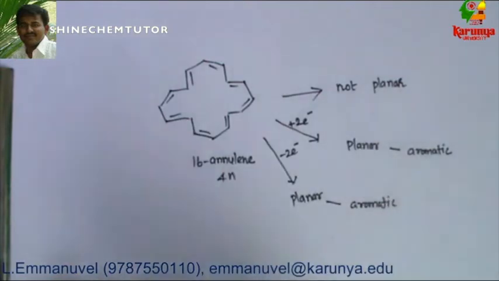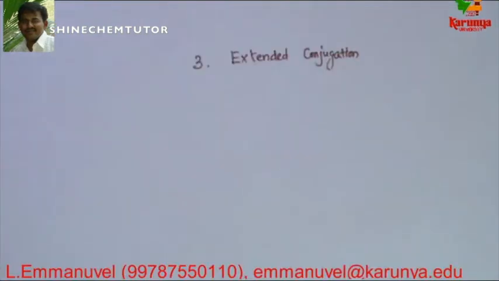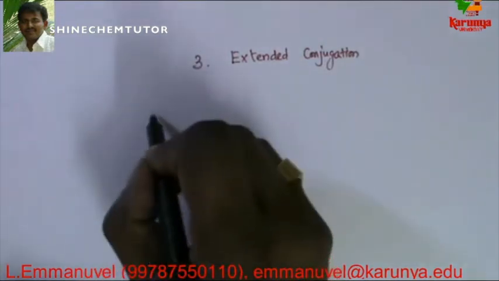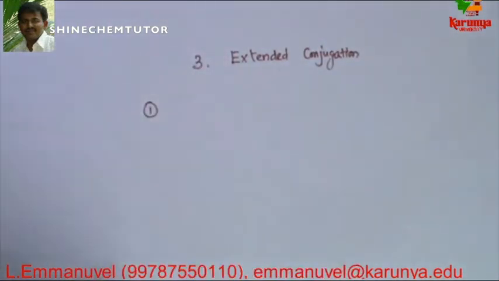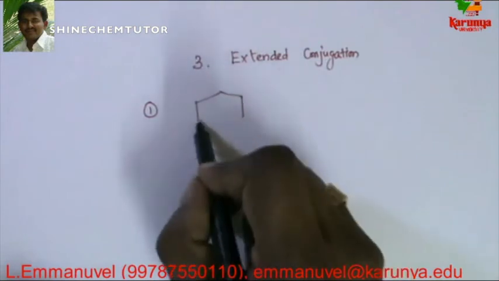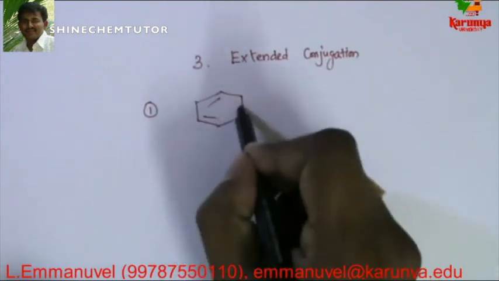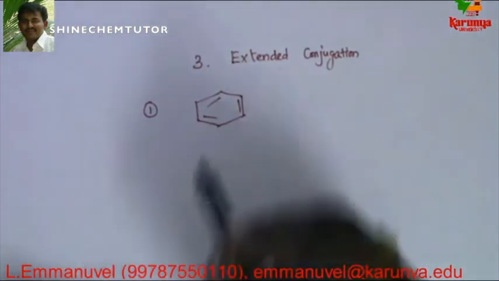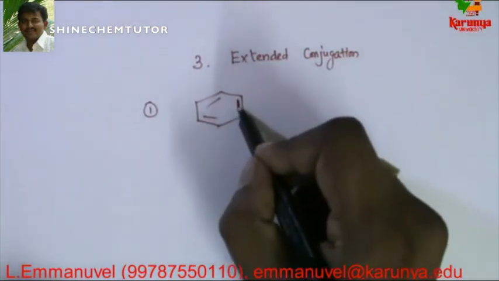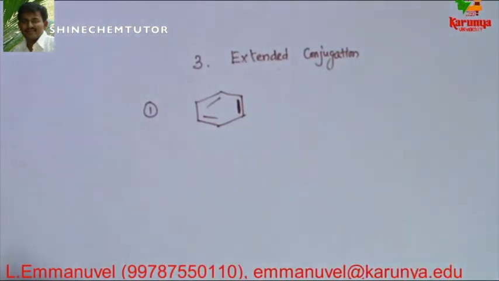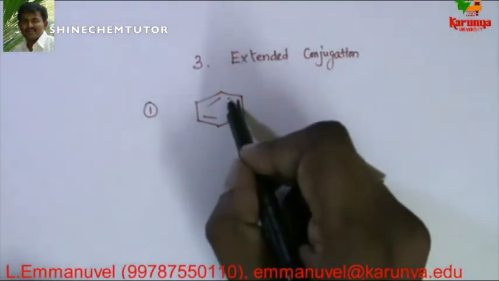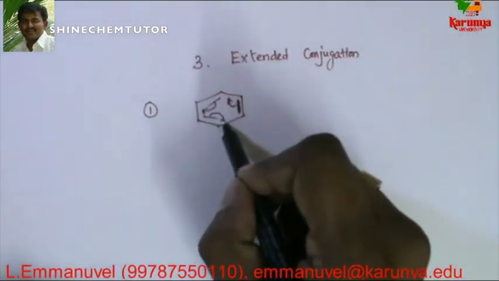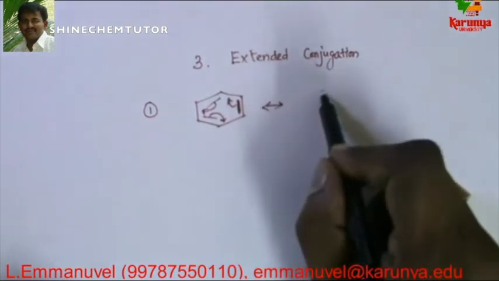So the aromaticity criteria depend on the structure of this extended conjugation. What do I mean by extended conjugation? Let us take benzene. I make this bond somewhat thick. This is another resonance structure.